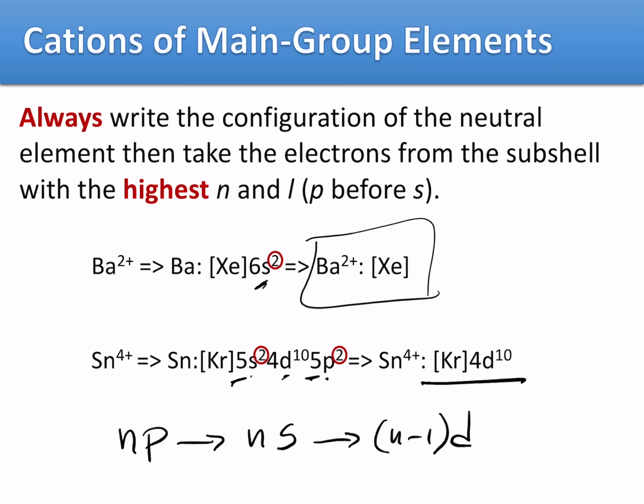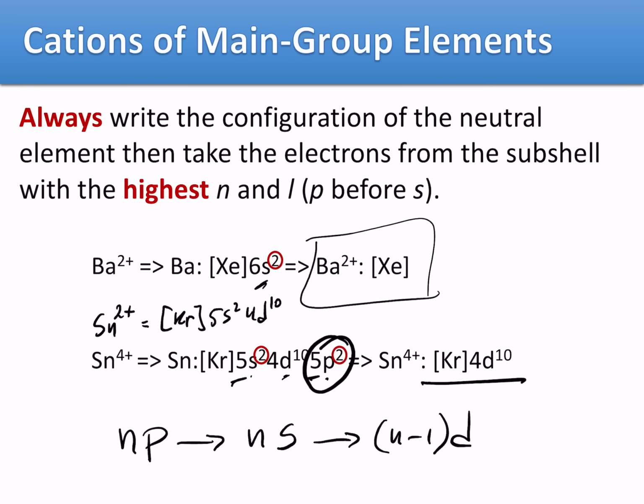That is the order. Okay, so for example, if you were doing Sn2+, you will only take the 5p. So this will be krypton 5s2 4d10.